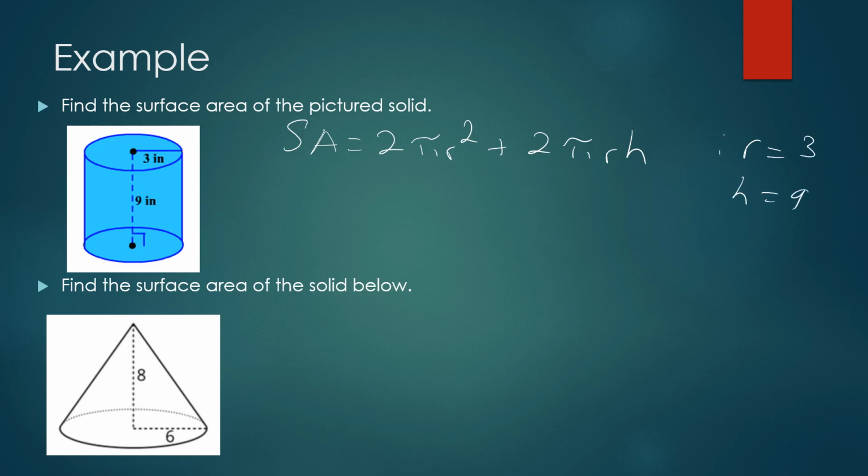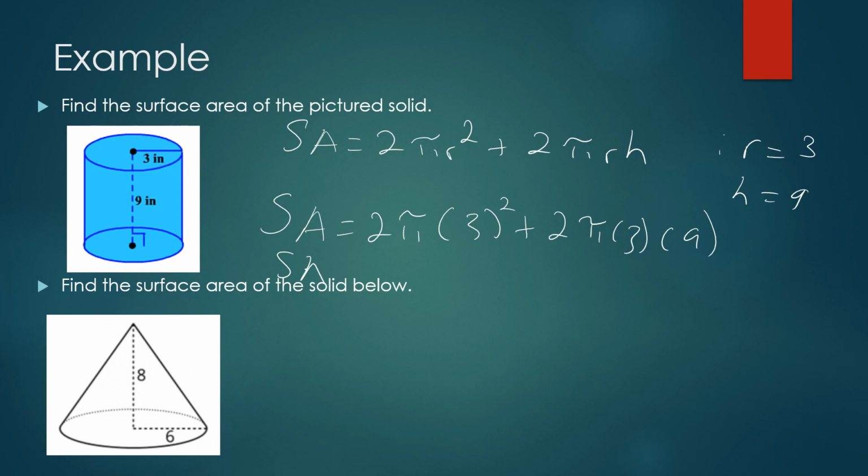So all we've got to do is plug it in. Surface area is equal to 2 times pi times 3 squared plus 2 pi times 3 times 9. So surface area is going to equal 18 pi plus 6 times 9, which is 54 pi.